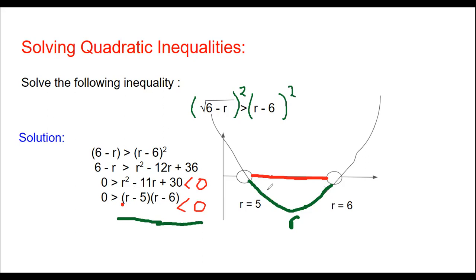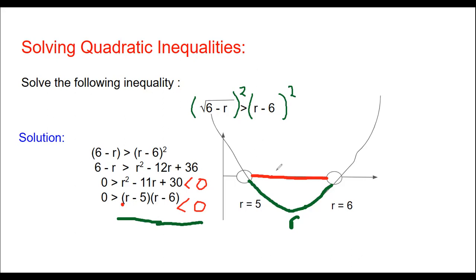The green curve represents this entire inequality, and the red line represents all the x values that correspond to the green curve, in other words, the green points.